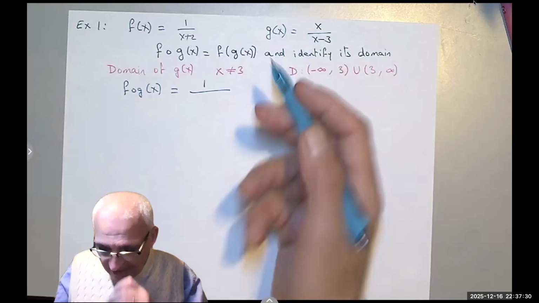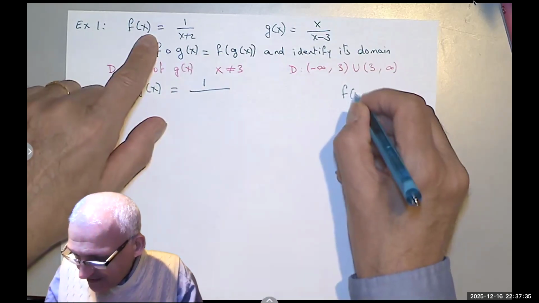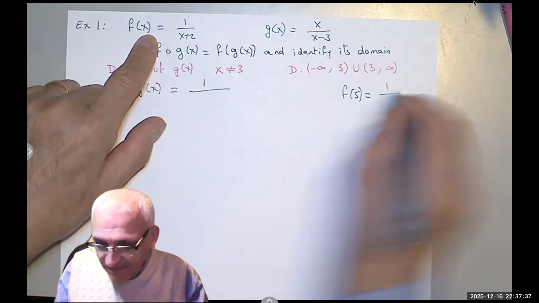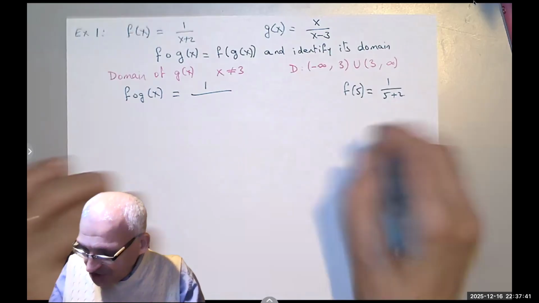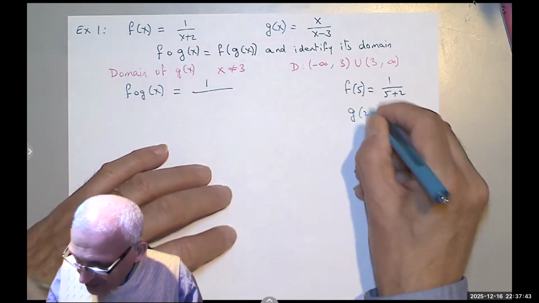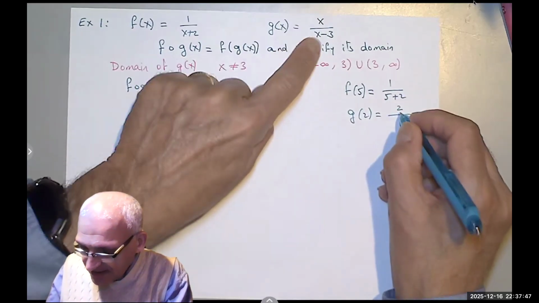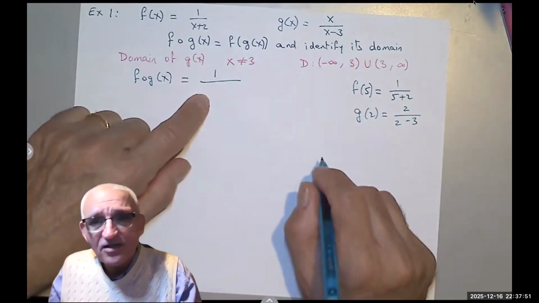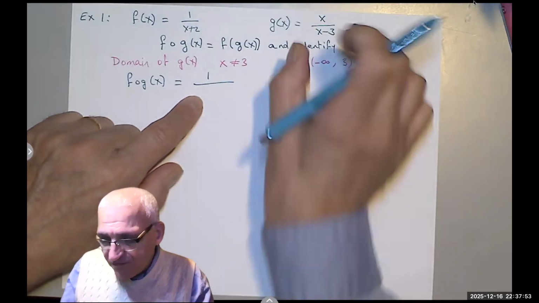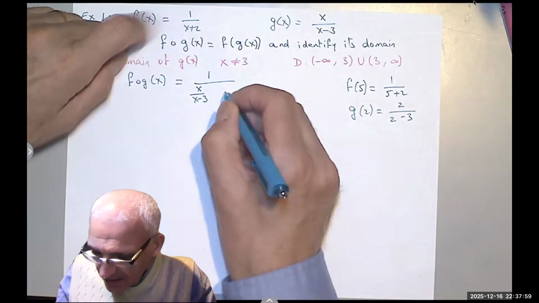Why? Notice that if I say f of 5, it means every time I see an x, I replace it with 5. G of 2, every time I see an x, I write 2. The difference here is that instead of writing a number, I'm writing a whole function. So this x becomes x over x minus 3 plus 2.